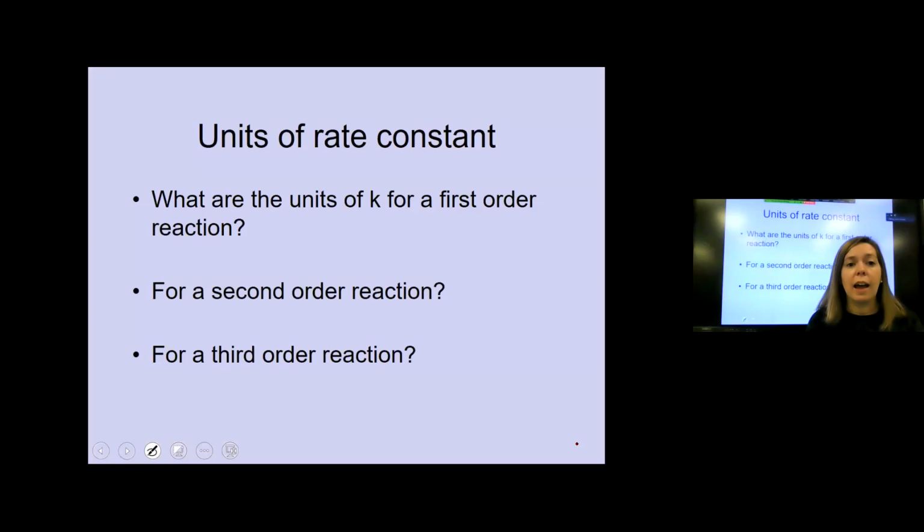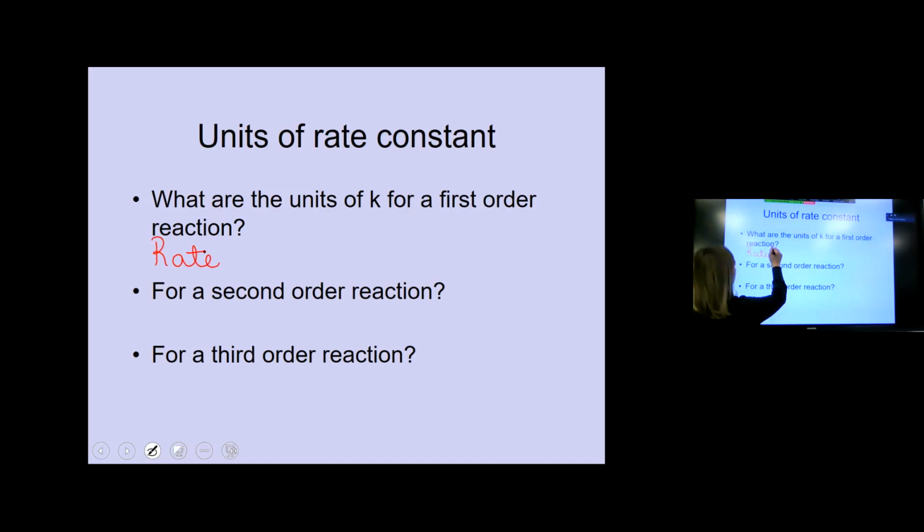All right. Now we are going to, again, take a look at each one of those. You could memorize it, or it is easier to just think about the units. So if we have a first order reaction, the rate law would be rate equals K times the concentration of A. Oops, sorry, I meant to write A there.